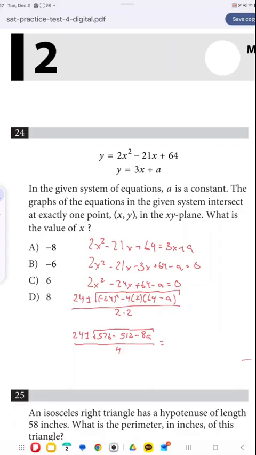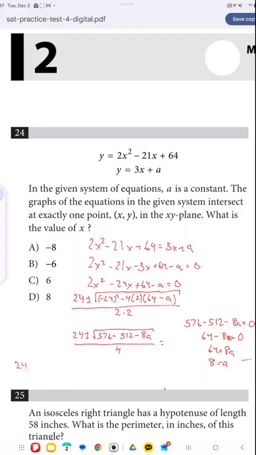And then to simplify the radical, if there's exactly one solution, that means the radical has to equal 0. So everything underneath the radical must equal 0, which would be 64 minus 8a equals 0. We add 8a to both sides, we get 64 equals 8a. Divide both sides by 8, and a is 8.